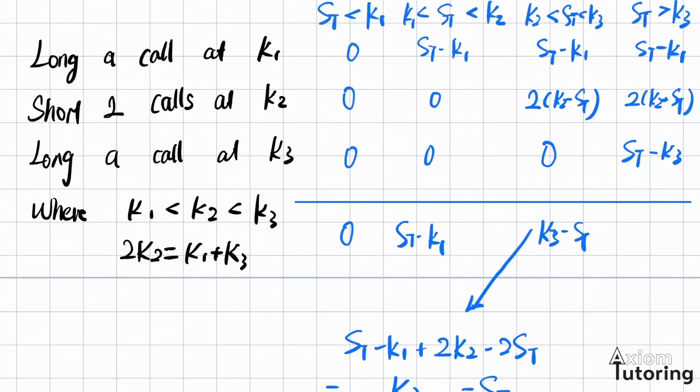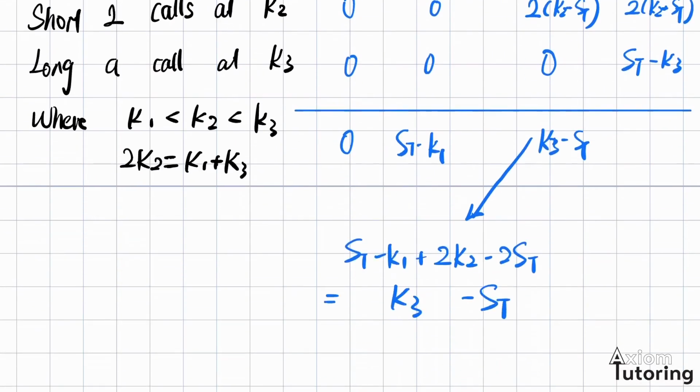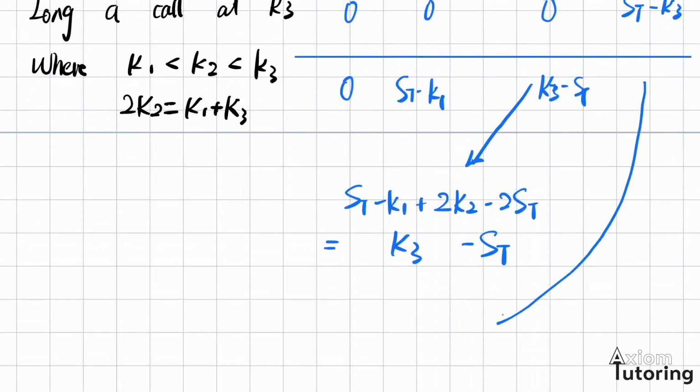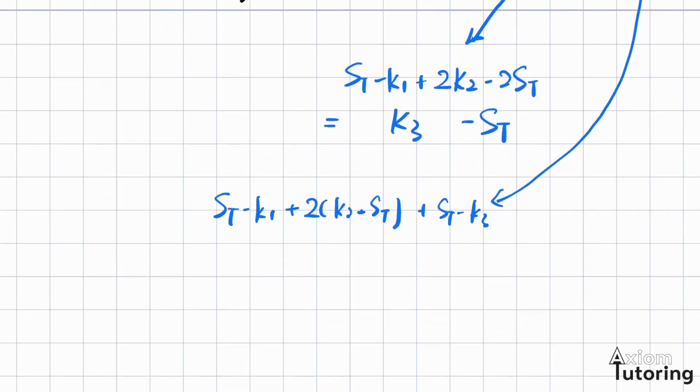All right. So for the last bit here, again, we'll just have to expand it and collect every term over here. So that's going to be ST minus K1 plus 2 times K2 minus ST, and then plus ST minus K3. Let's open up the brackets and we'll see it's going to be ST minus K1 plus 2 times K2 minus 2 times ST plus ST minus K3.